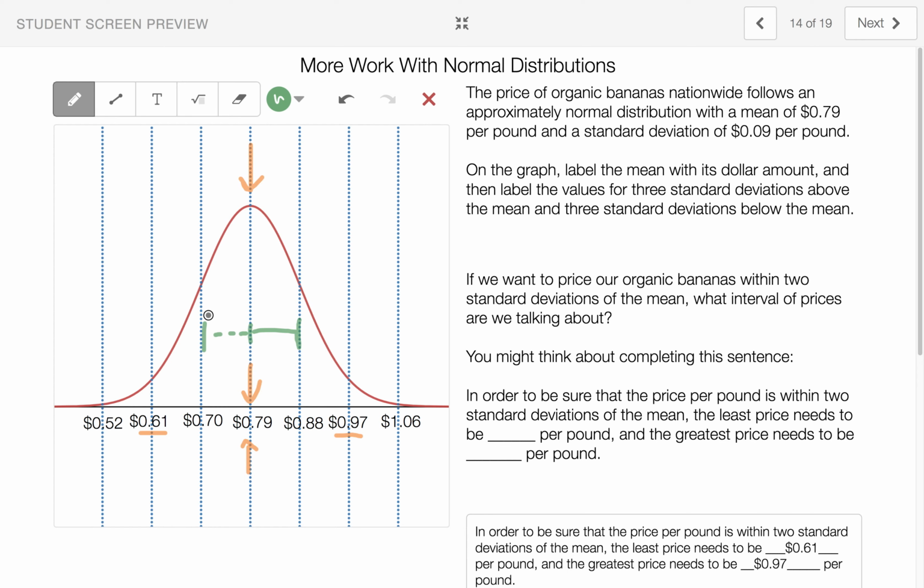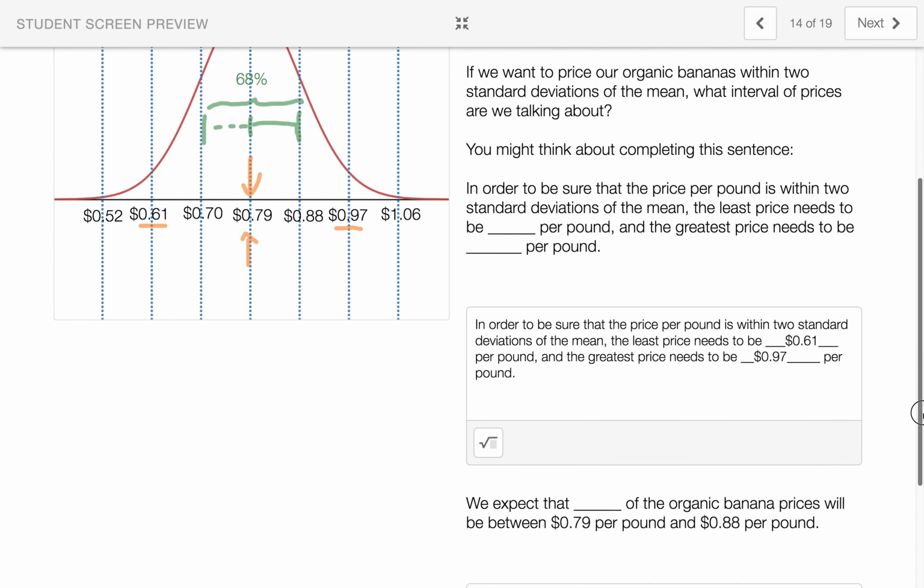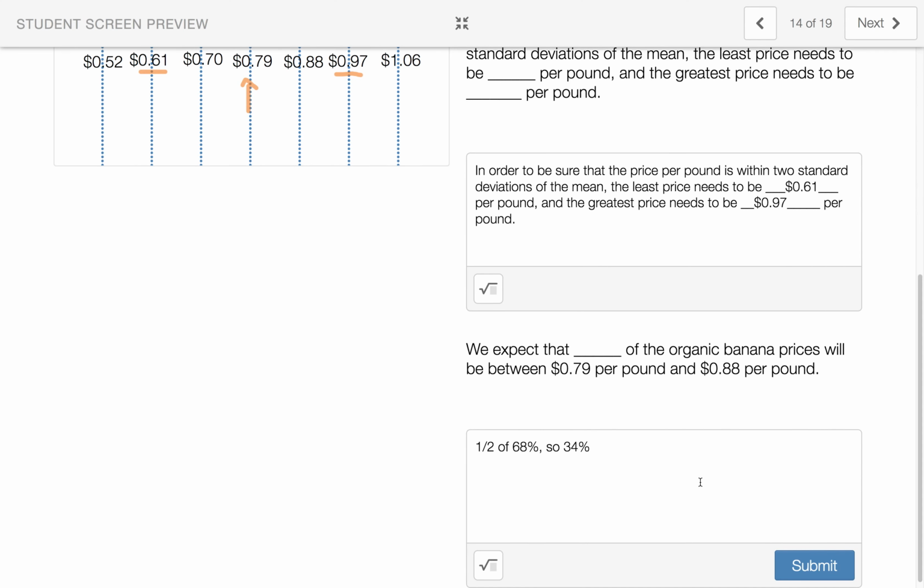So we know this whole entire chunk right here is supposed to be 68%. That entire chunk is supposed to be 68%, but we only want half of that chunk. We only want to go from the center out to one edge, and so we take half of 68% to get there. And that's where 34% comes in.